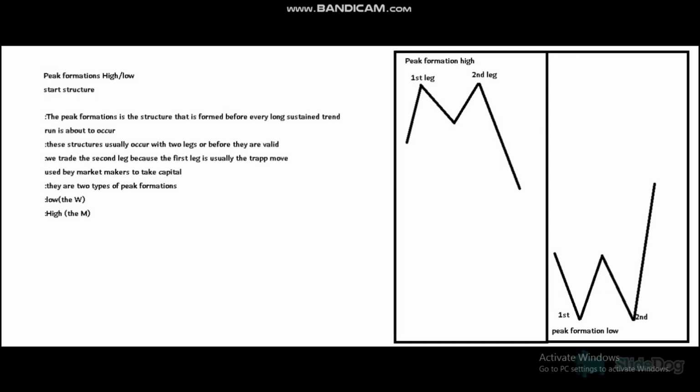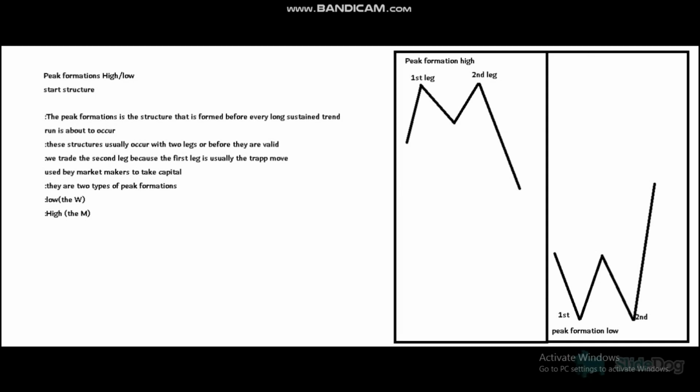The market makers use it as a trap move to get people in there: people who are rash, impatient, who have poor psychological decision making, and who really know little about the market. They go in there, some get taken out, some are in huge drawdown hoping for something miraculous to happen, and in most cases they get taken out. Some are over leveraged and their accounts get blown, thus completing the market makers' objective to take your capital.